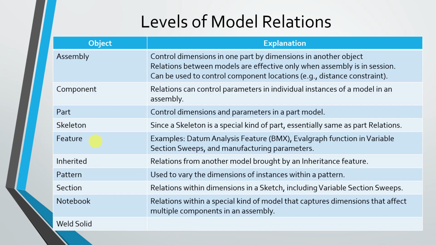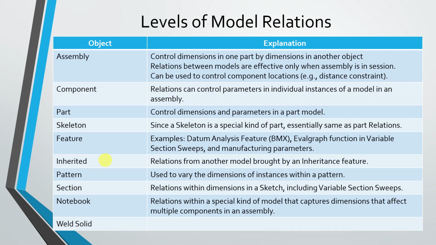And also maybe if you're doing manufacturing models, you could have relations between manufacturing parameters for the operations that you are configuring. Another level, inheritance features. So let's say that you create a part model and it has an inheritance feature where it's getting all the geometry and features from another part model.